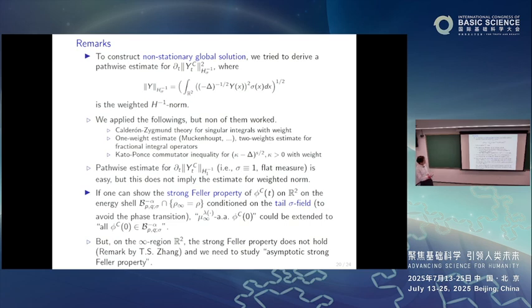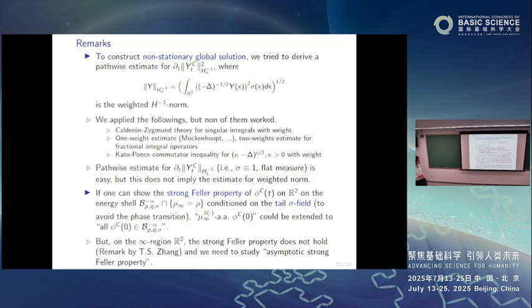Then this kind of norm is actually a singular integral. It is called the Calderon-Zygmund theory with a weight. That is also well studied already in the PDE group, and also the one-weight estimate, where on the right-hand side the same weight appears, that is the Muckenhoupt estimate, which is also well studied. And the two-weight estimate, where we want to bound this with another weight, is also well studied for the fractional integral operator.